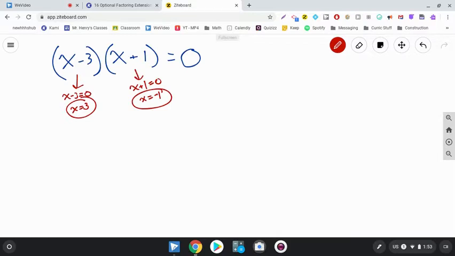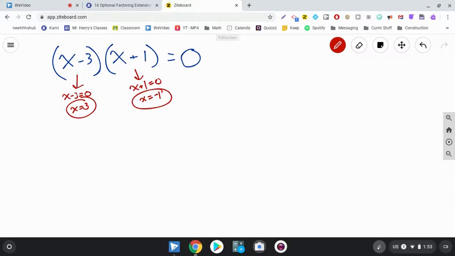So when I'm looking at this, what I really want to emphasize is there's actually two solutions, right? If I were to plug in x equals negative 1, you'd get 0 times negative 4. And it doesn't matter what this is. 0 times anything is still 0. So if I can separate it into a product, or separate it into its factors, I can solve when each of them is 0 and find the solution.